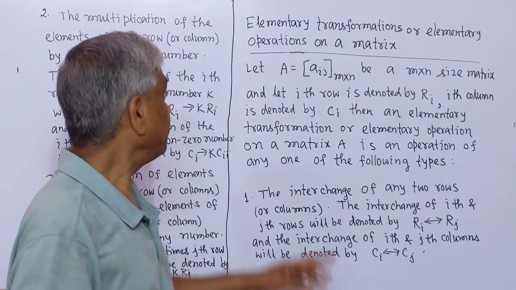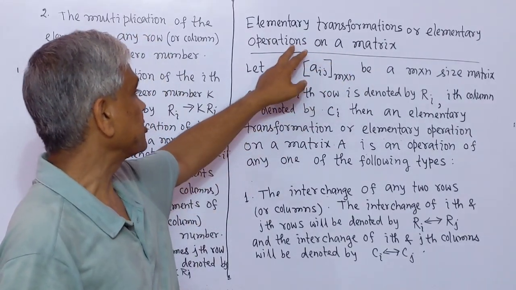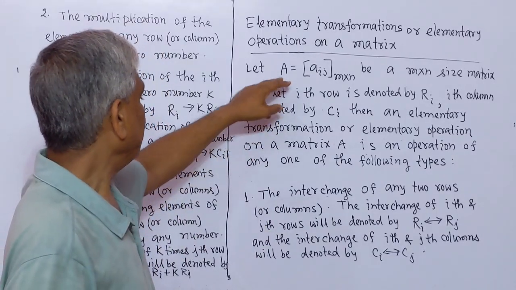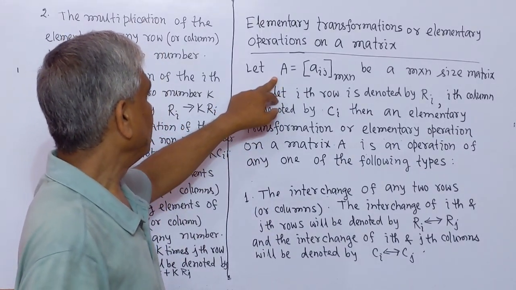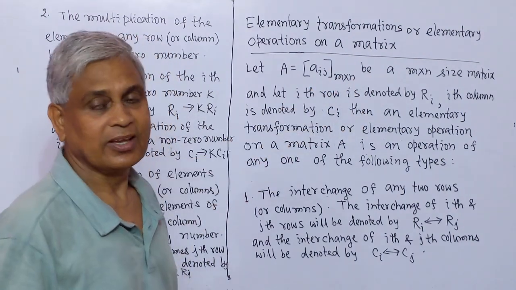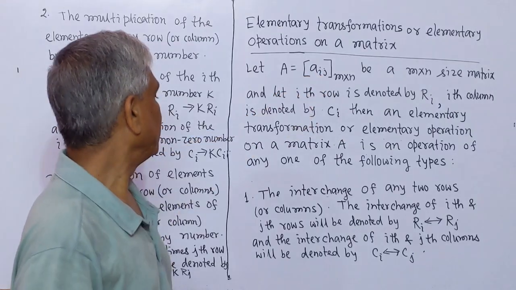The definition of elementary transformations or elementary operations on a matrix. Let A, capital A, be a matrix of size m by n, with elements of the form Aij.